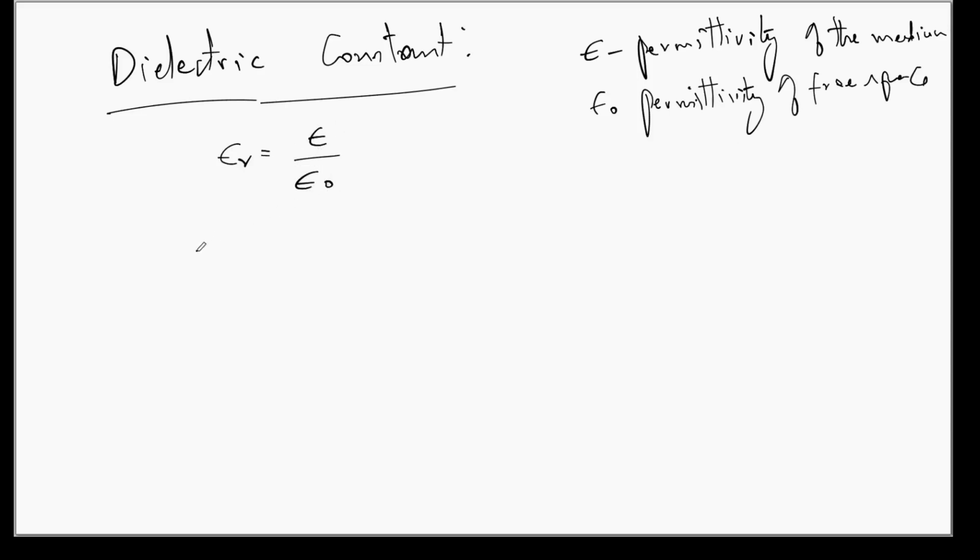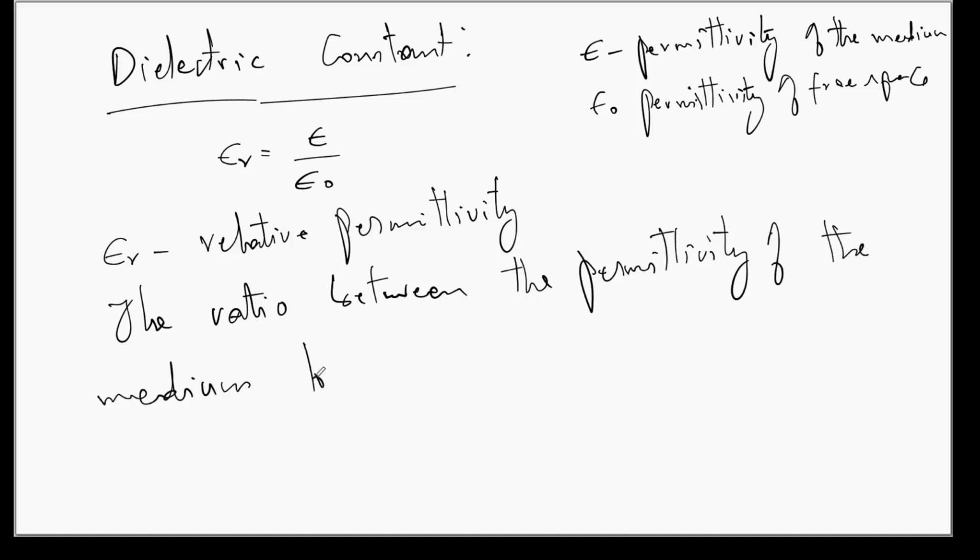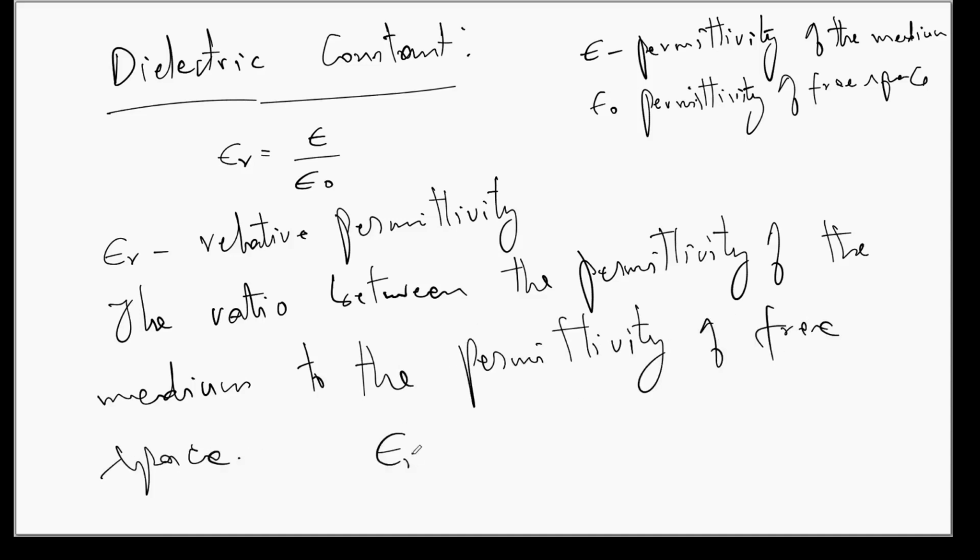Epsilon r is also called relative permittivity. So it is defined as the ratio between the permittivity of the medium to the permittivity of free space. So epsilon r is epsilon upon epsilon 0.